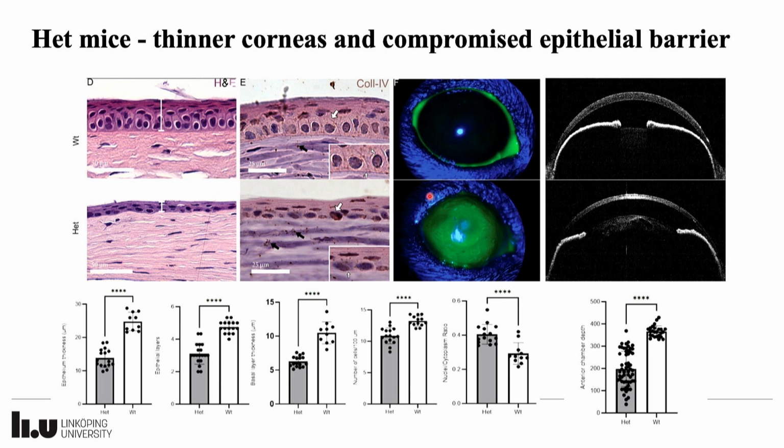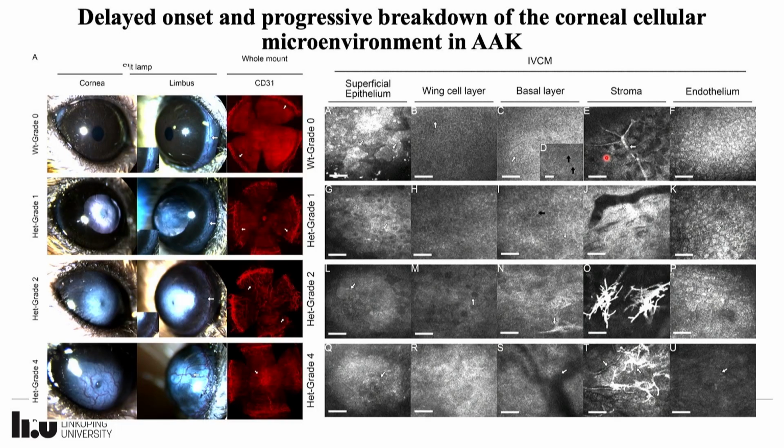And here we also have representative OCT images that show that anterior chamber depth is significantly lower in het mice compared to the wild type, which is aligned with the human studies as well.